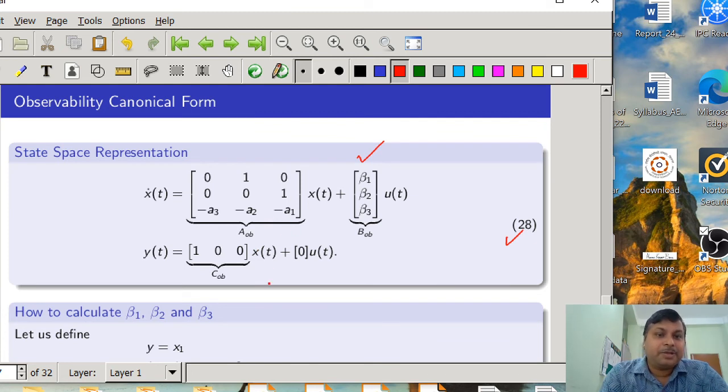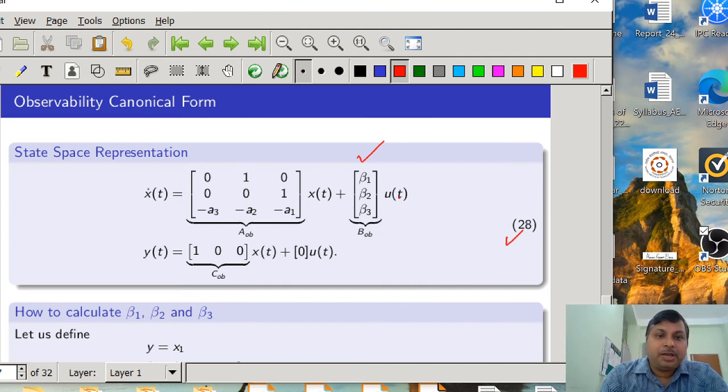What are the parameters of the system? If differential equations are given, the coefficients of the differential terms are the parameters of the system. So the A matrix and C matrix are represented with the parameters of the system, except the B matrix.